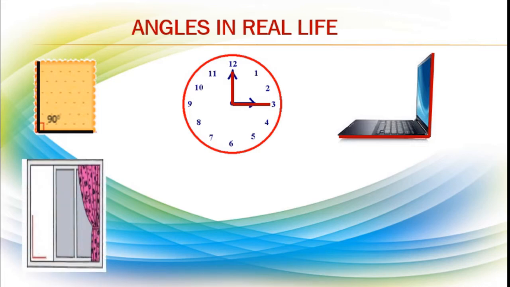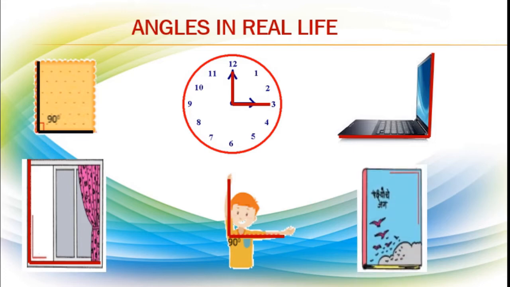See this, a window. The adjoining sides of the window too form an angle. See how the boy is standing. Here also we can see an angle that looks like the capital L of our alphabet.